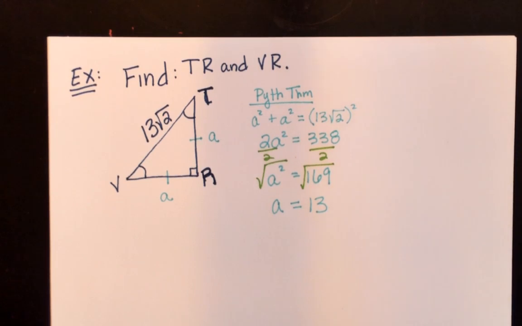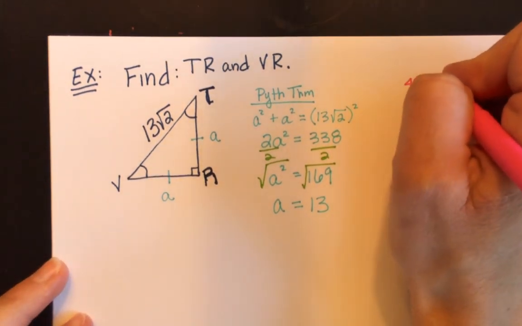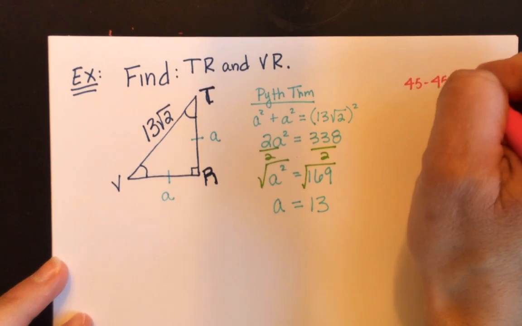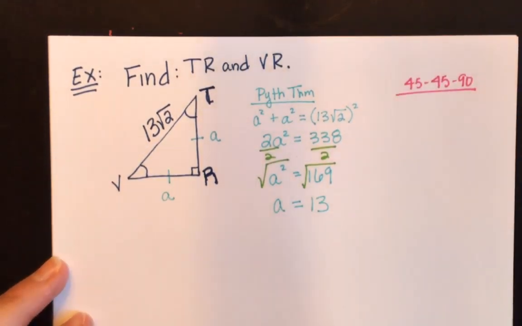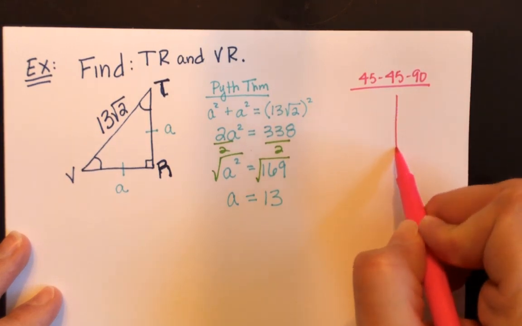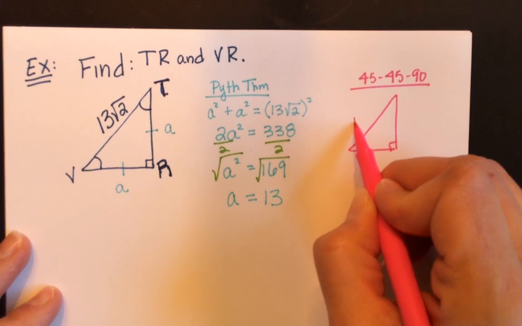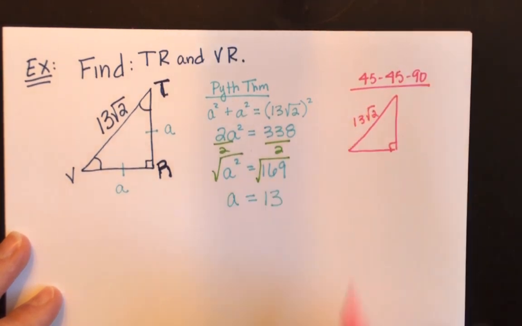Had I done this using the formula, so had I used our 45, 45, 90 formula, notice what would happen, and I'm going to go ahead and just redraw this for a second. 13 radical 2 over here.